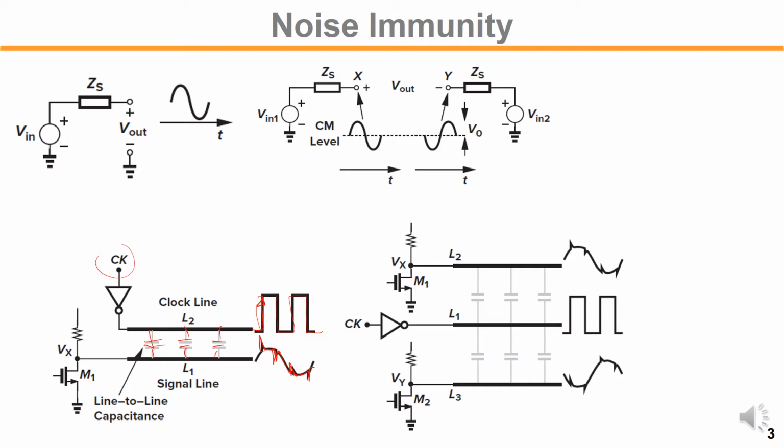But if we use differential signaling, for example, with a common source amplifier, and this coupling is the same, then through this coupling capacitance the clock signal coupling will appear exactly the same on both signals.